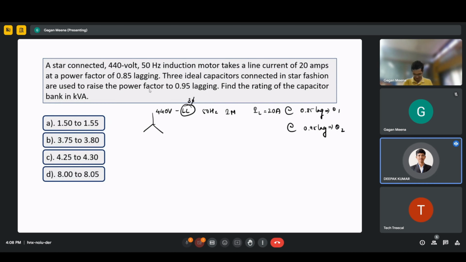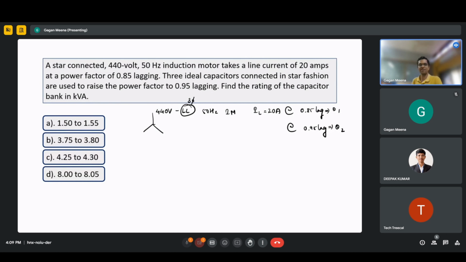No, active component, active only. Yes. Then we can compute the reactive component in the second case, 0.95 power factor lagging. Yes. Then we will calculate the capacitor current IC through the reactive currents.